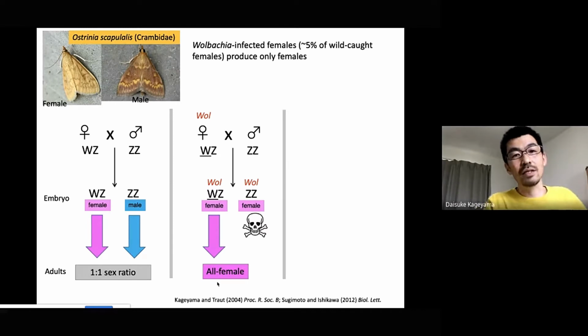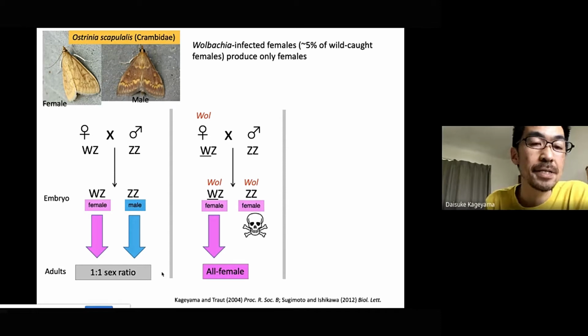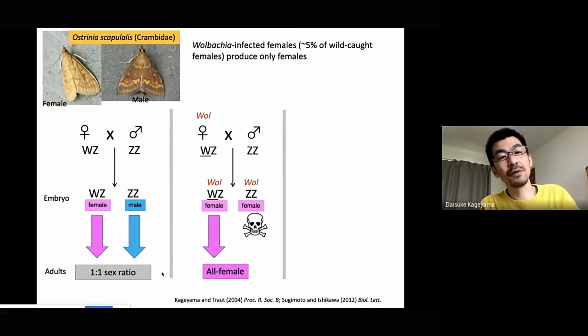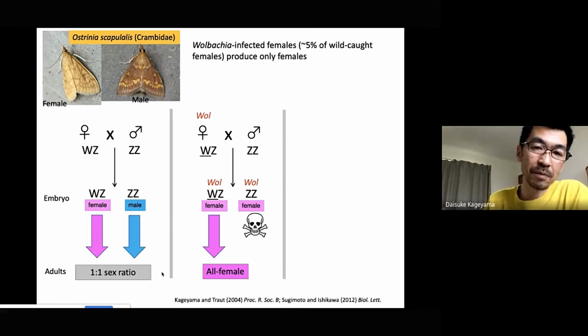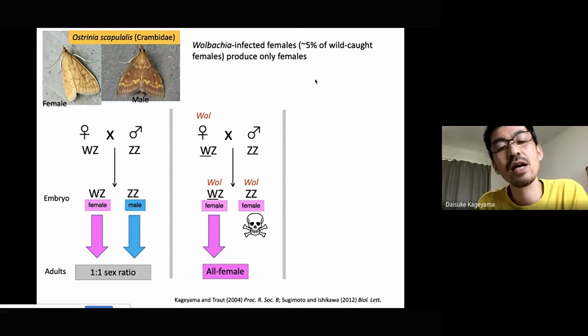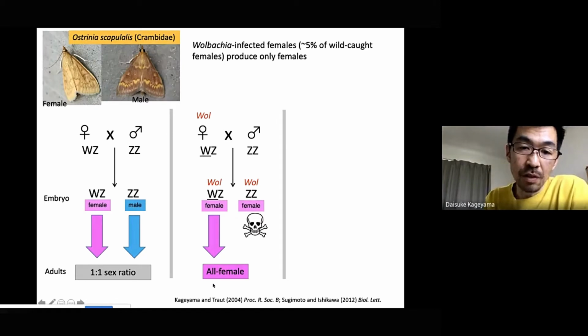And similar to that, we have also found that the ZW and ZZ sex determining system is interrupted by Wolbachia. In this moth, Wolbachia-infected females can be found in nature at about 5% frequency, and the infected females produce only females. But the ZZ individuals die because of Wolbachia.